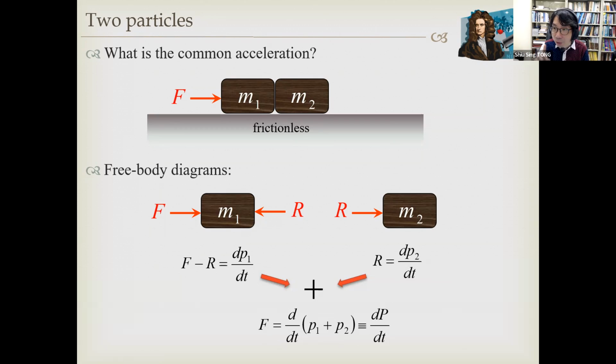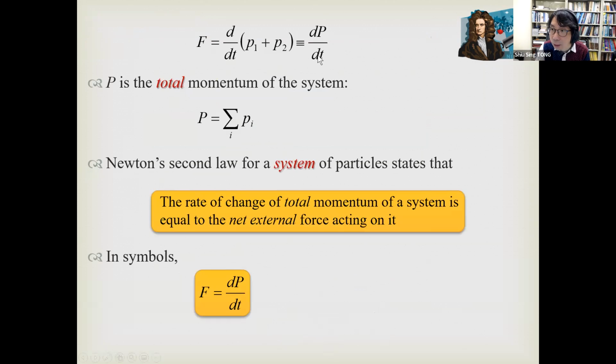When we write Newton's second law in terms of momentum and use Newton's third law, we are able to express it in the form of a system of particles. So P is the total momentum of the system, the summation of Pi.